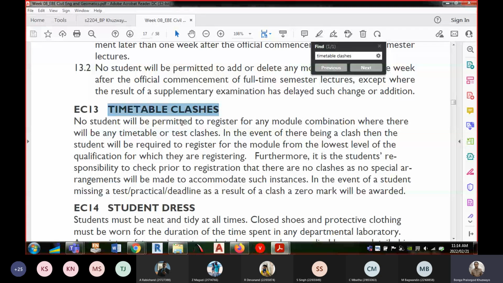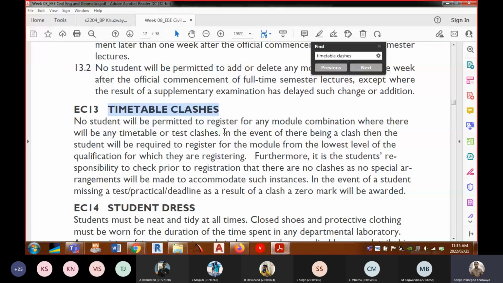If that happens, and there is a test clash, then the rule says that basically the lower level subject takes preference. So if there is no issue with your lectures and there's only one issue, say test 3 or test 4 clashing with my test, the lower level subject takes preference.